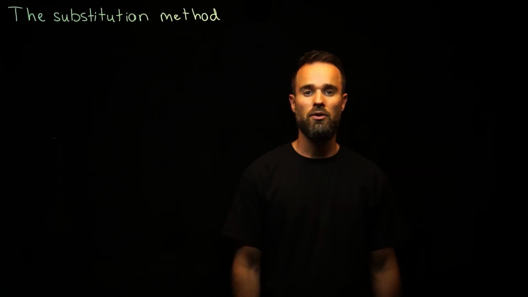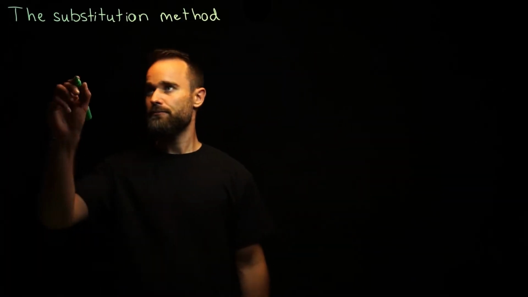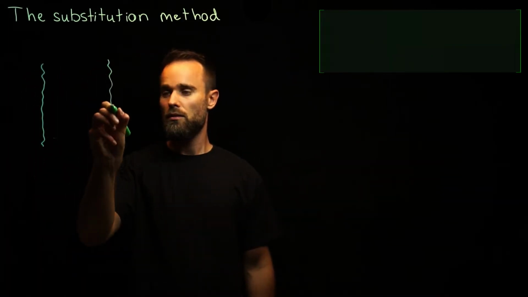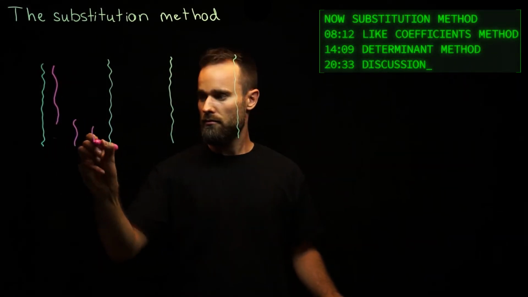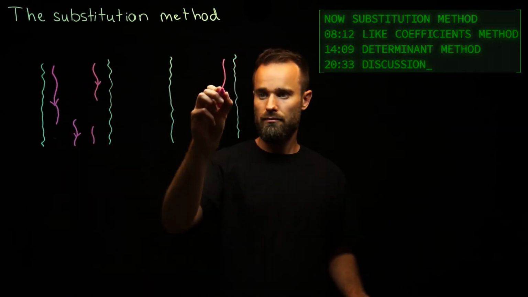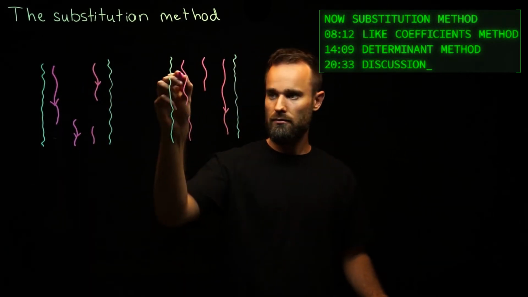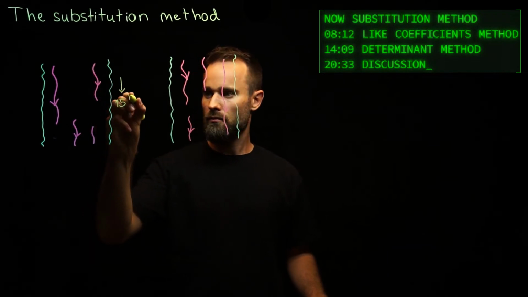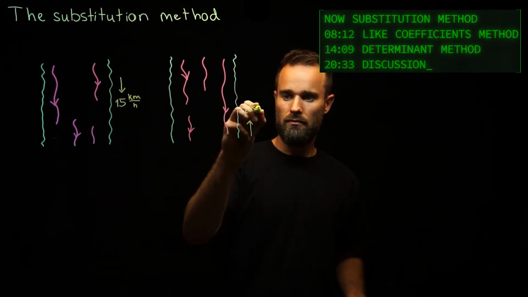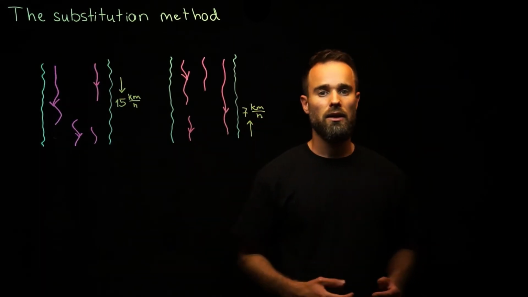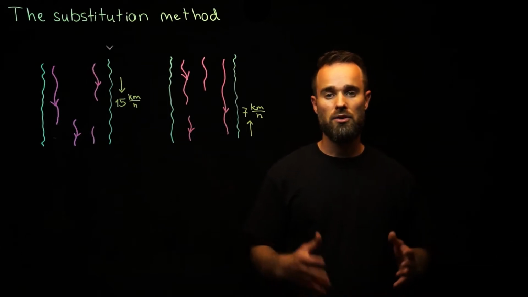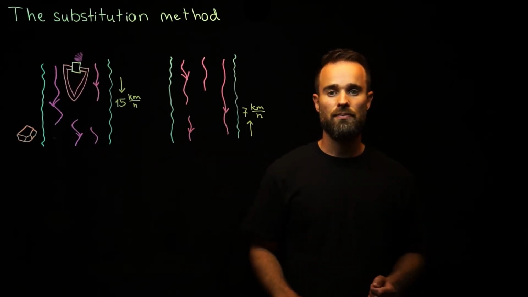A speedboat on a river travels 15 km per hour downstream and 7 km per hour upstream. We can calculate the boat's and the current speed by constructing two equations with two unknowns.